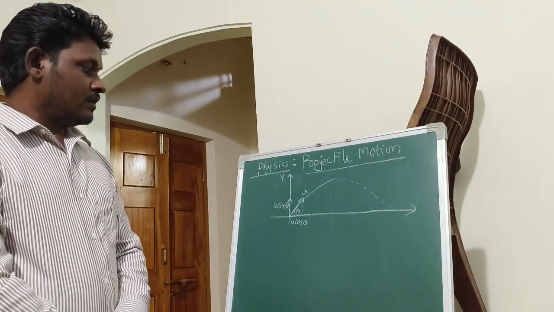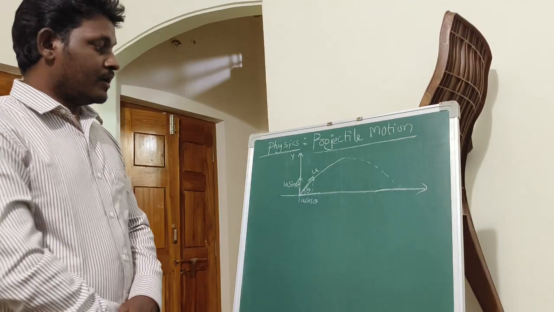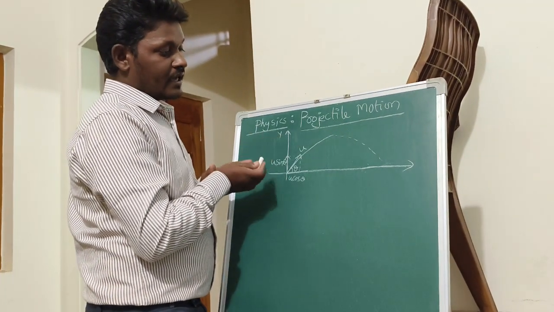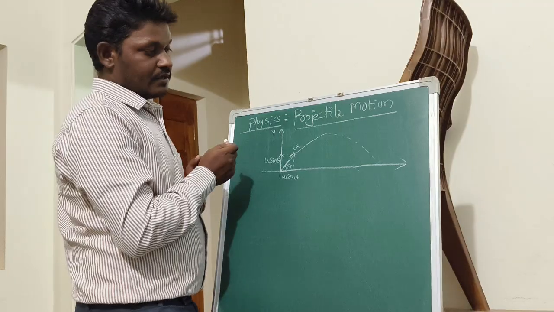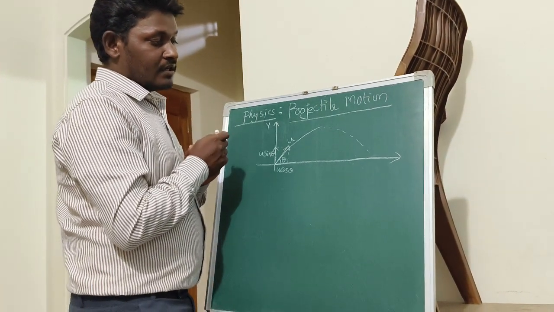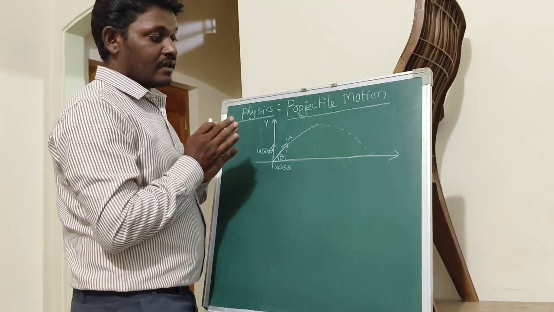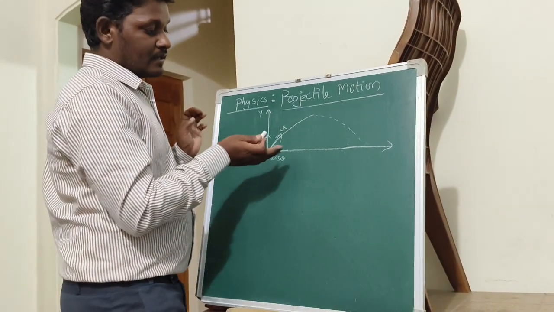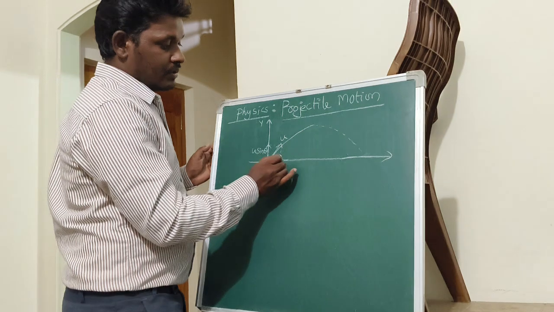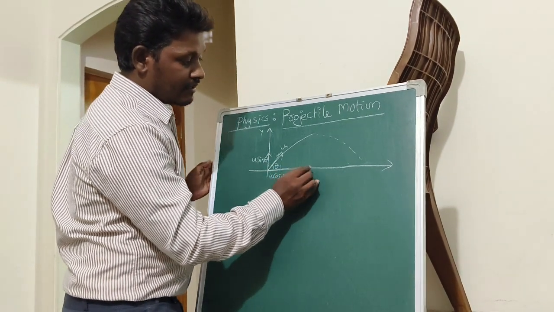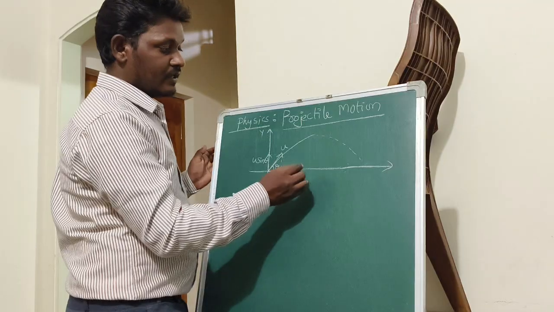Yes, we know that if a body is projected, it is under gravitational force. When gravitational force is acting, only gravitational acceleration acts on the body. That means the gravitational acceleration is acting in the y direction only.